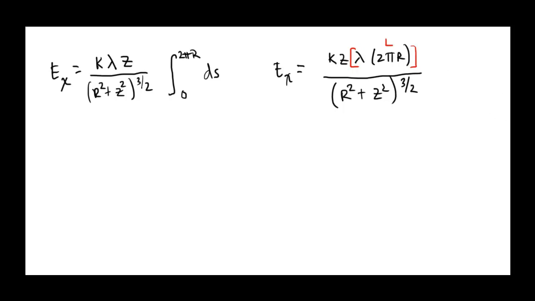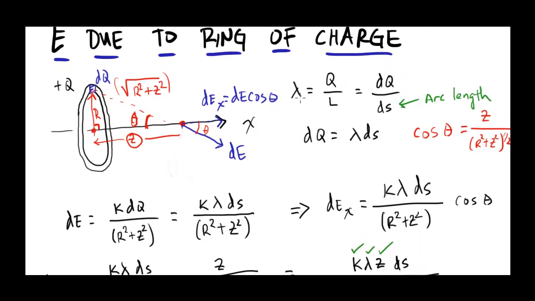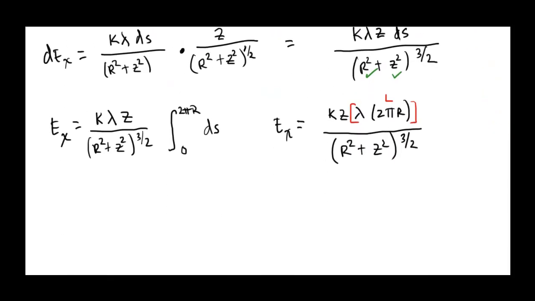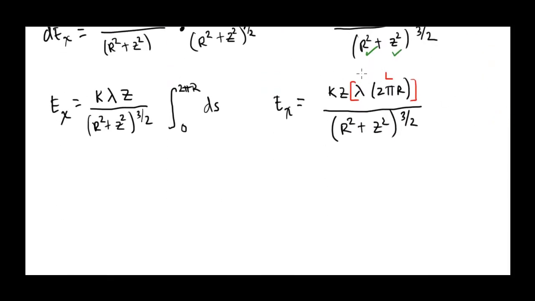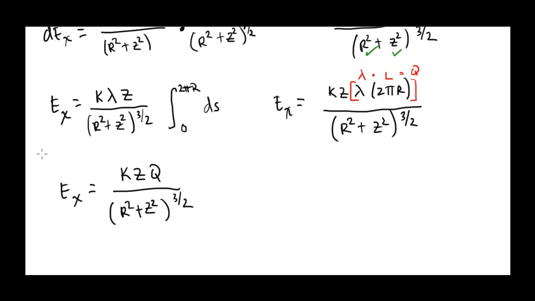And we noted way back up here that the charge density we defined as Q divided by L. In other words, lambda times L is simply the entire charge Q. So this whole thing, lambda times L, is just the total charge on the ring Q. And that makes life a bit easier to simply say that the x component, the only component of the electric field that matters, is just k times z times q, all divided by r squared plus z squared to the power 3 over 2. And that is our final result.